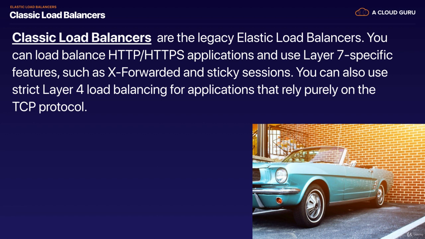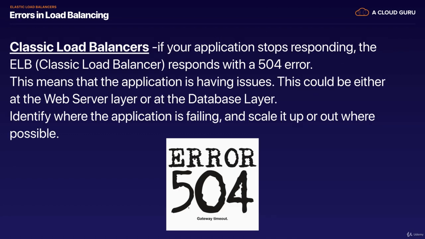And we'll come to what X-Forwarded-For is in a second. You can also use strict layer 4 load balancing for applications that rely purely on the TCP protocol. Classic load balancers are not all that intelligent. You really want to be using application load balancers. Where you would use classic is if you don't really care about how traffic is routed and you're just doing basic round robin, then you might want to use classic because it's going to be a bit cheaper.